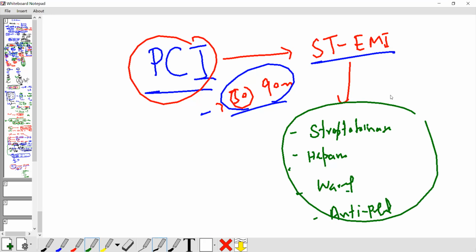These all are anticoagulants. They do not allow thrombus formation, so we must add these to the MI patient.